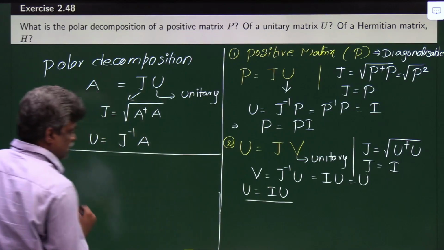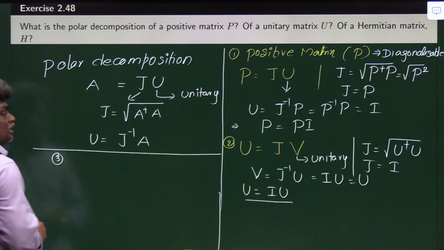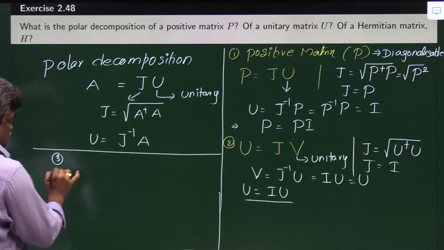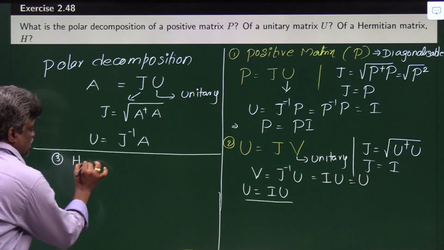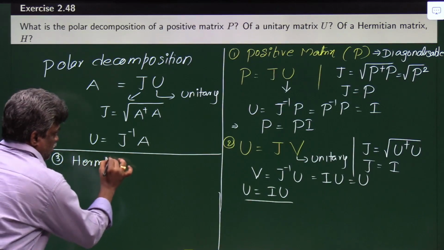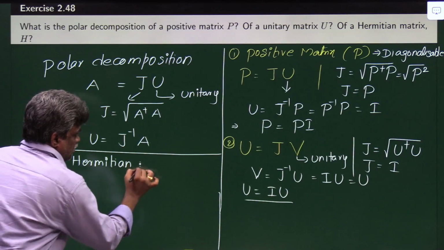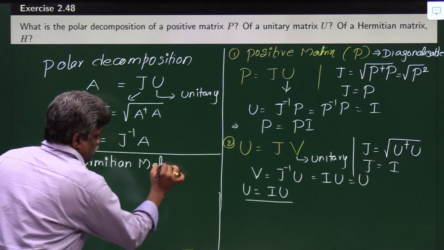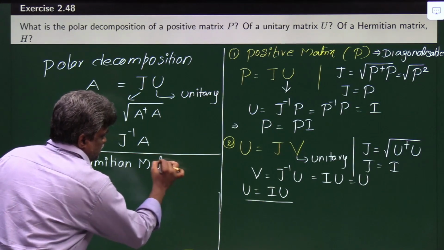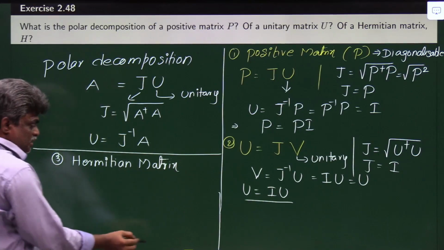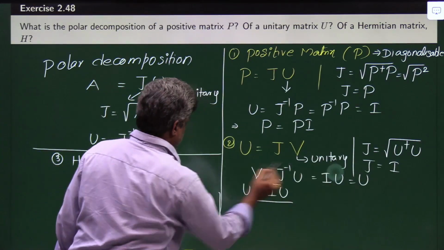The third one is about a Hermitian matrix. How to write the polar decomposition of a Hermitian matrix? What is a Hermitian matrix?